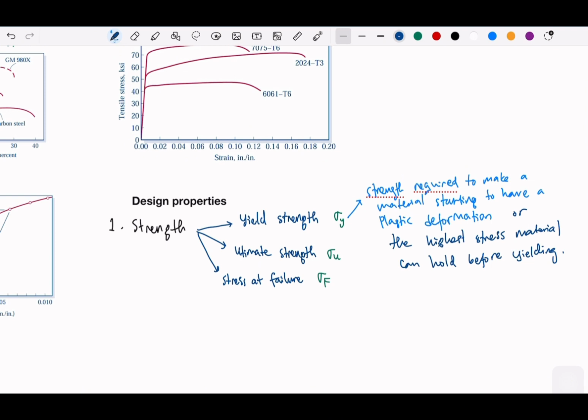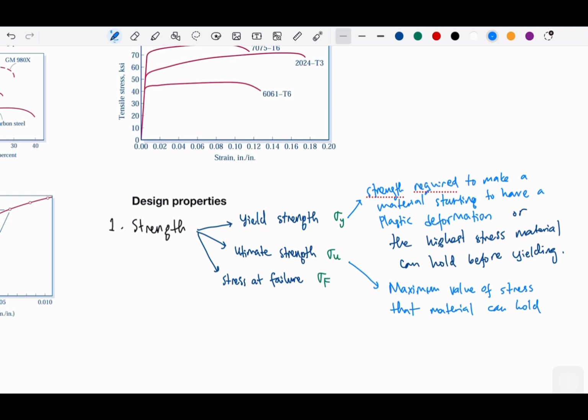It is the highest or maximum value of stress that the material can hold.